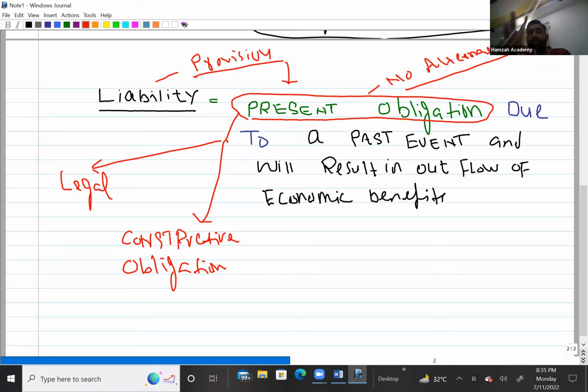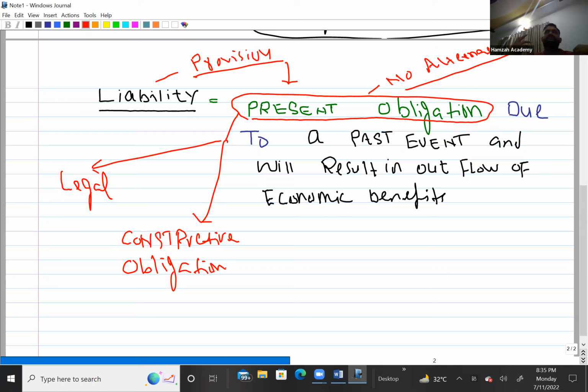That would be known as legal obligation. Constructive obligation means the obligation which is not created by the law, but by the entity's own stated policies which have been communicated to other parties, so it has created an expectation in the other party that the company will fulfill its promise. That obligation is known as constructive obligation.